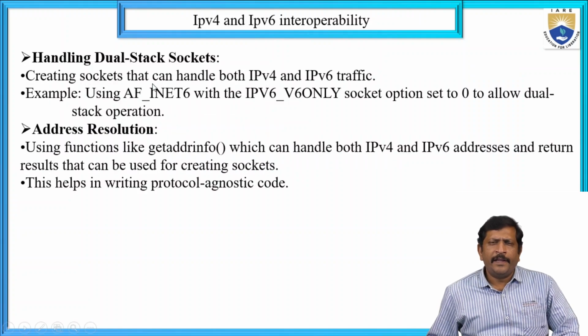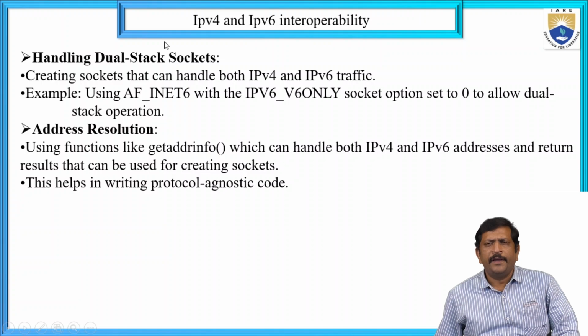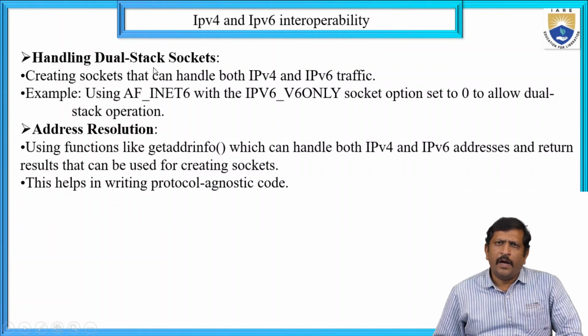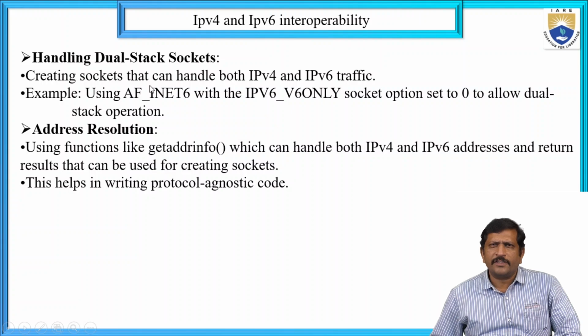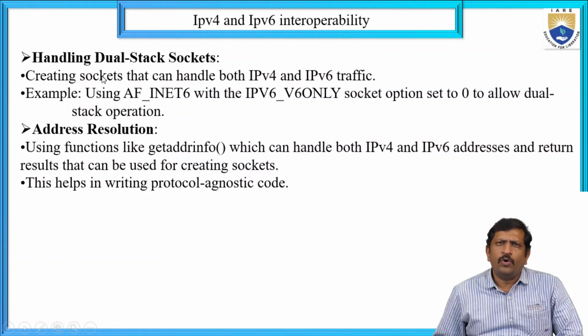Next up, handling dual stack sockets. Handling dual stack sockets means now both protocols can be used, IPv4 and IPv6 both. To handle the dual stack, we first create the sockets on both the server side and the client side, so that they can handle both IPv4 and IPv6 traffic on the same network.